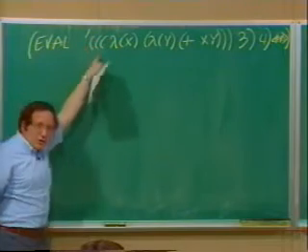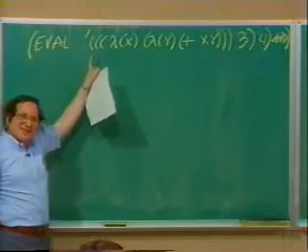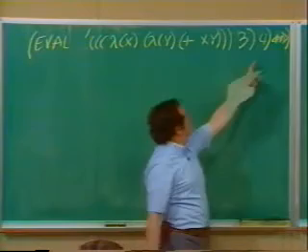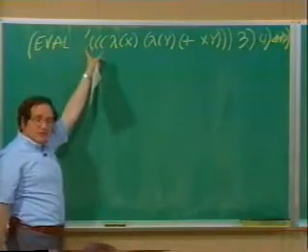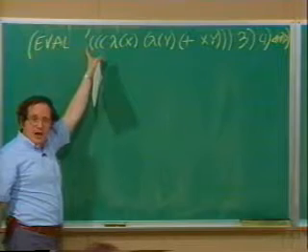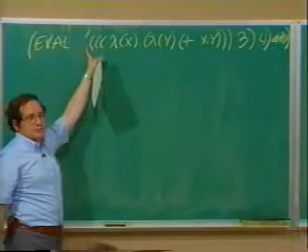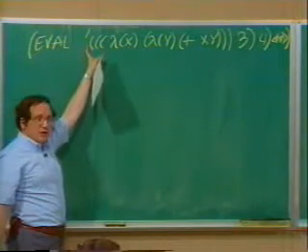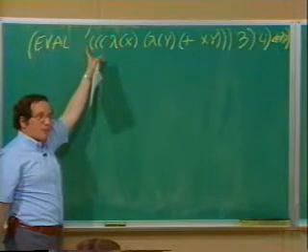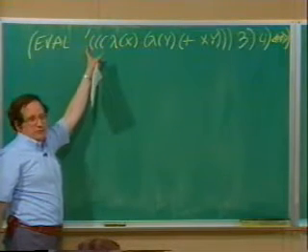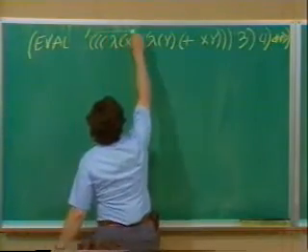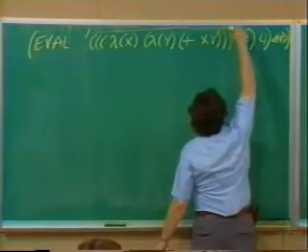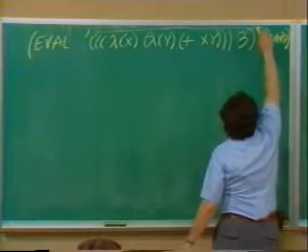This just says it's this particular expression. This is not a quoted expression. It's not a thing that begins with lambda. It's not a thing that begins with cond. Therefore, it's an application of an operator to operands. It's a combination. The combination thus has this as the operator, and this is the operands.